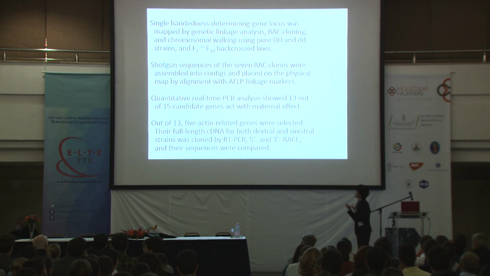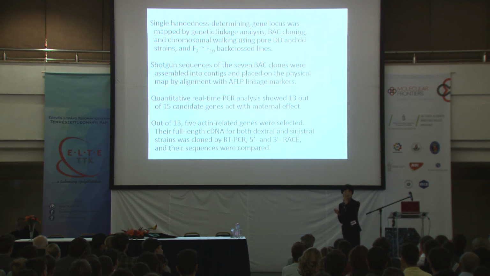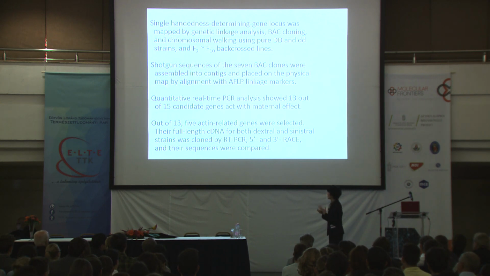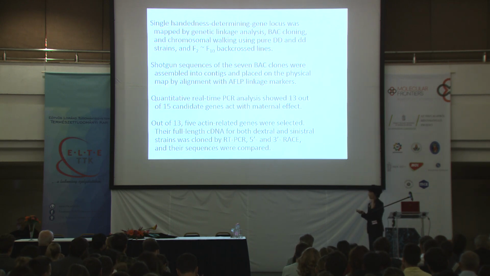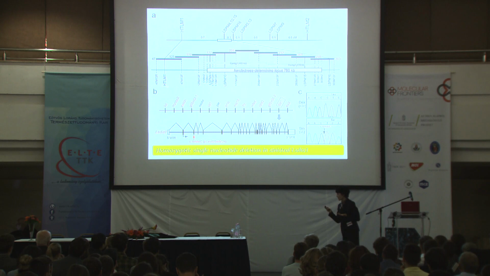And then quantitative real-time PCR analysis showed 13 out of 15 candidate genes act maternally. We have to work on the maternal ones. Then out of 13, 5 are actin-related. We know it's something to do with actin. So we picked up 5 actin-related genes, and we did the 3' and 5' RACE. And this is what it is.